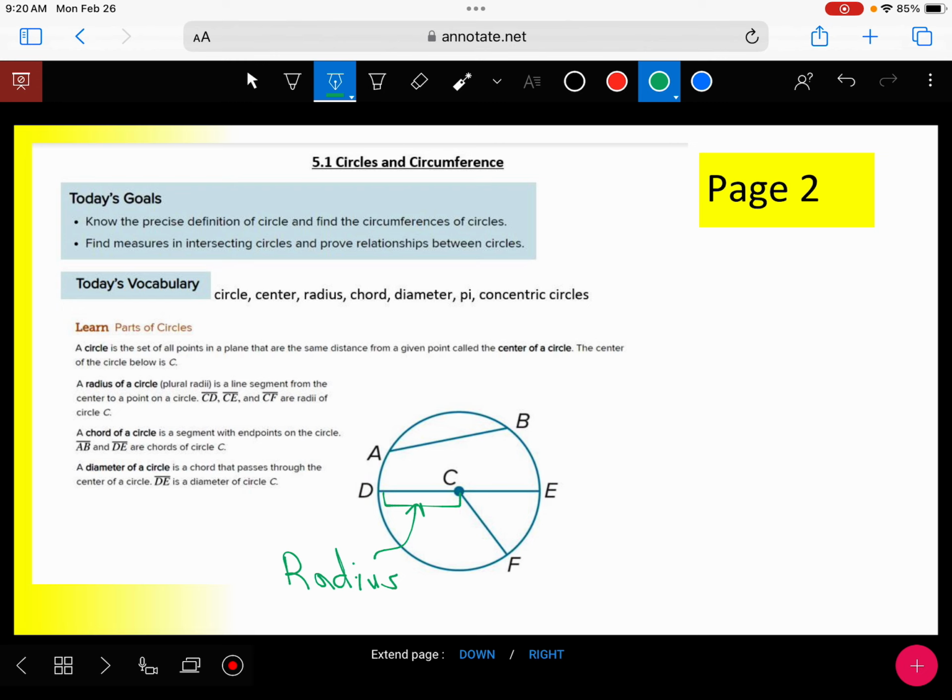The next thing we're going to talk about is a chord. A chord might be new to you guys. A chord is just a line segment where both endpoints are on the edge of the circle. So do we think a radius is a chord? Any ideas? Do we think CD is a chord?